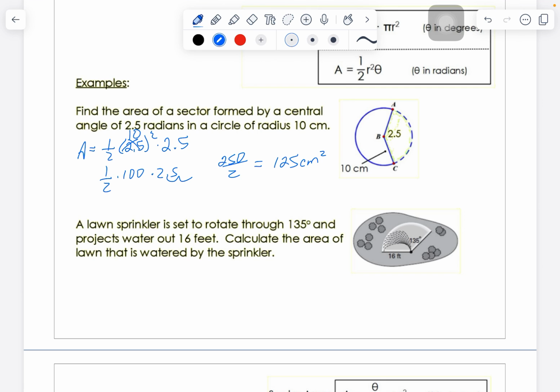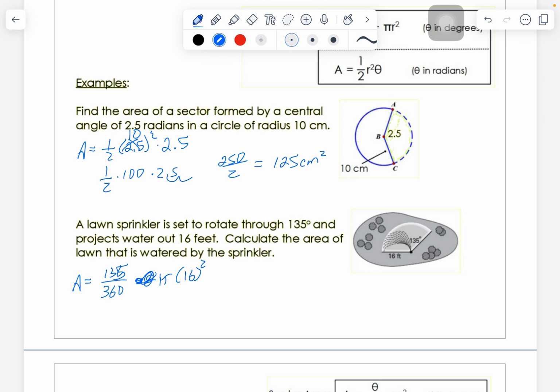Okay, very similar situation, but now we're given it in degrees. So the sector area is 135 over 360 times pi times 16 squared. Sorry for my chicken scratch there.